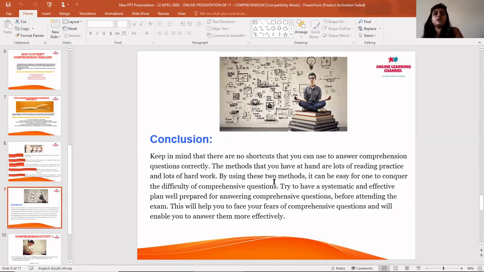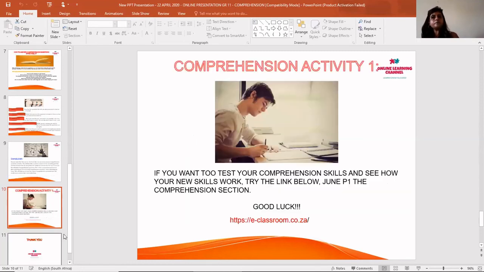By using these 2 methods, it can be easy for one to conquer the difficulty of comprehension questions. Try to have a systematic and effective plan well prepared for answering comprehension questions before attending the exam. This will help you to face your fears of comprehension questions and will enable you to answer them more effectively.